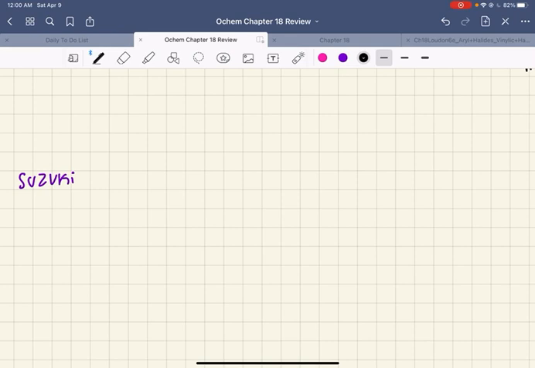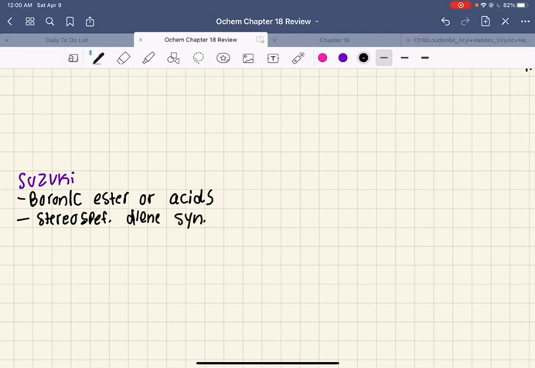Now we're going to look at the Suzuki reaction. The Suzuki reaction is done using boronic esters or acids. It's stereospecific. Diene synthesis.